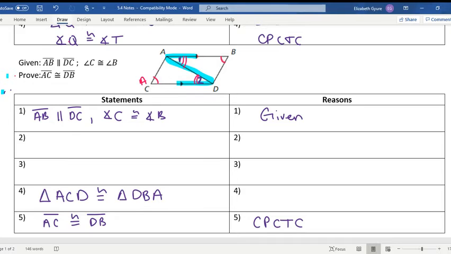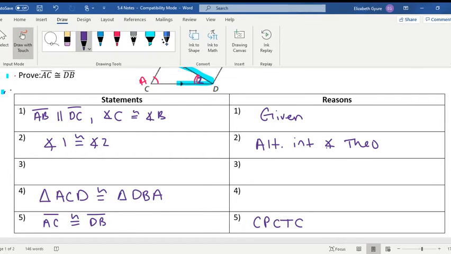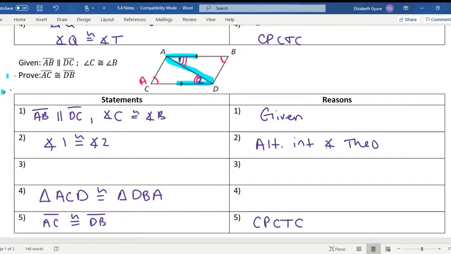And I'm going to say that angle 1 is congruent to angle 2 by the alternate interior angle theorem. Okay, so now I have another set of congruent angles. So I have an angle and an angle. That means I need a side.